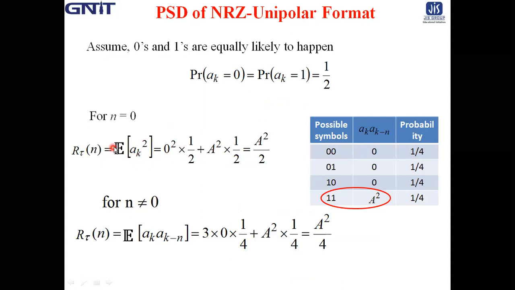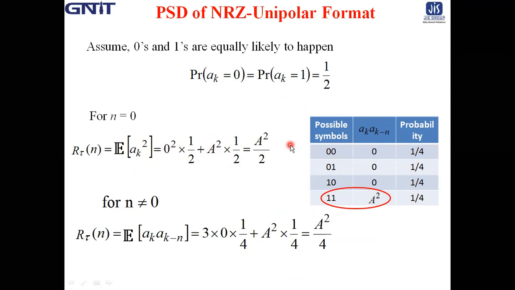Amplitude square in an expectation means it is multiplied by its probability of occurrence. So a_k may be 0 or it may be 1. In case of 0, it is 0 square into half, plus in case of 1, its amplitude is capital A, so A square into half. So it is A square by 2.